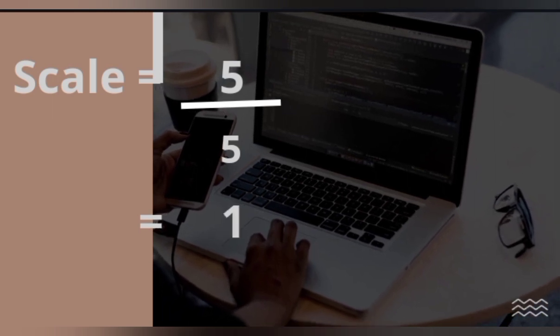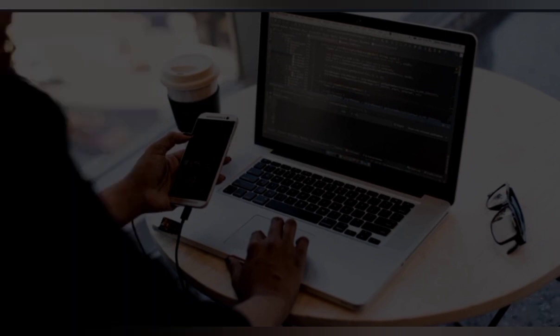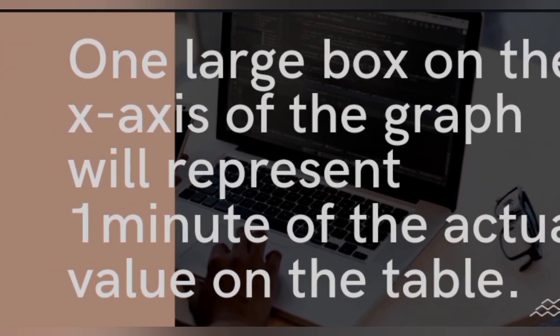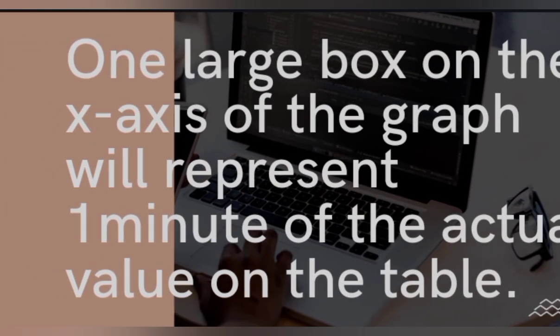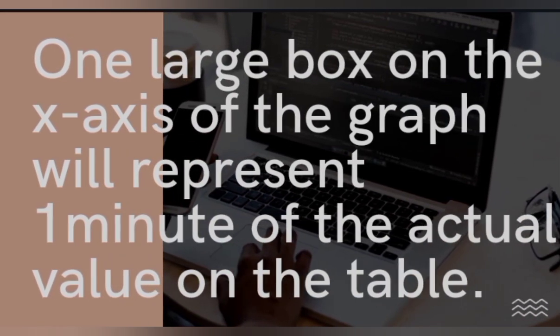Okay, now what this means, remember here our answer is 1. What this means is that one large box on the x-axis of the graph will represent 1 minute of the actual value on the table.